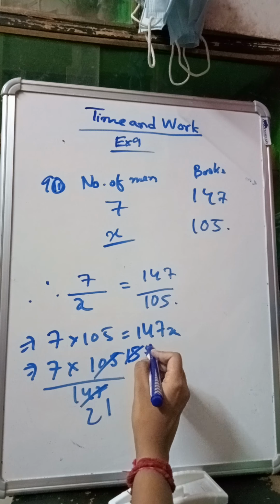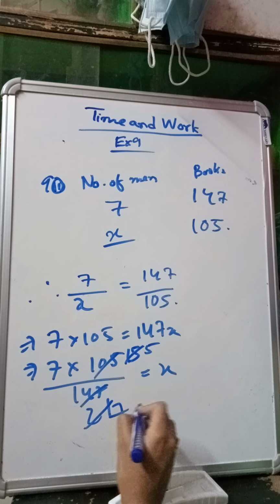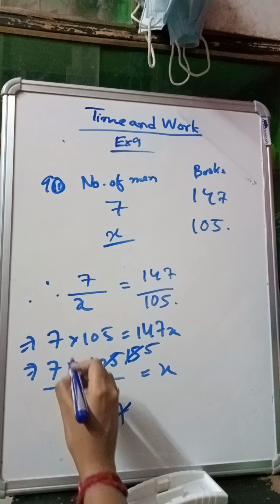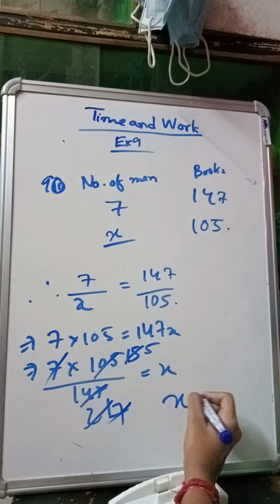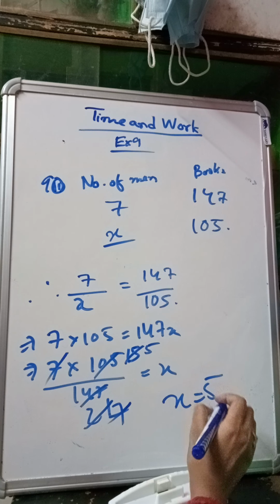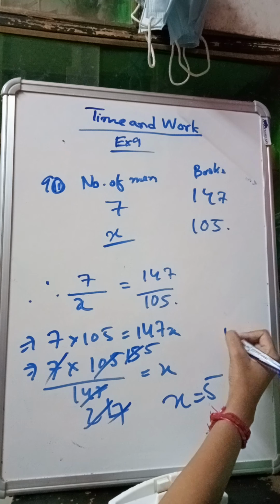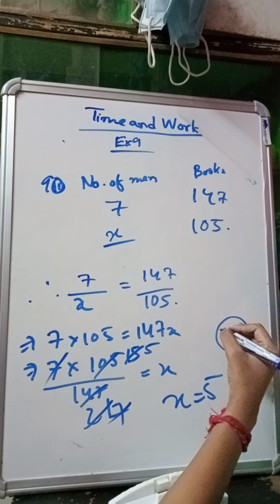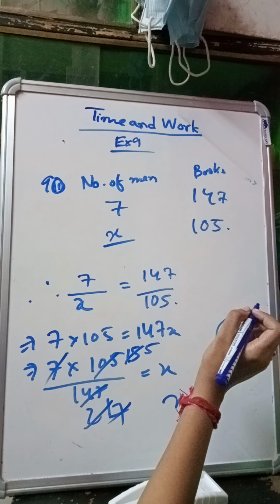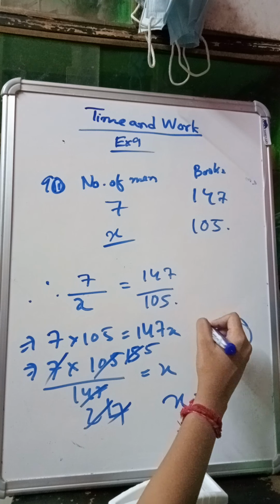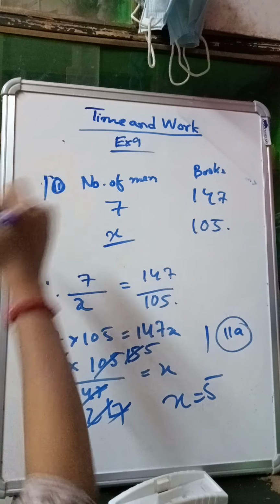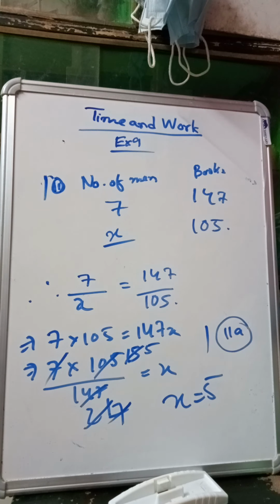Again this will cancel, this will be 5, this will be 7, this 7 and this 7 will cut, and x will be 5. Okay, so 5 men will be required. So this is option number A. This is not Q9, this is Q2. Okay, option number 2A.